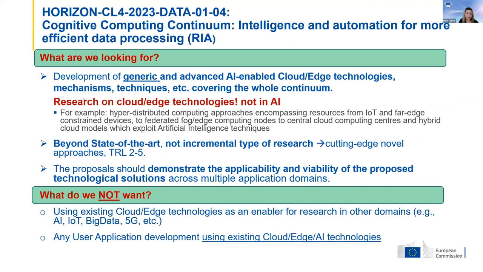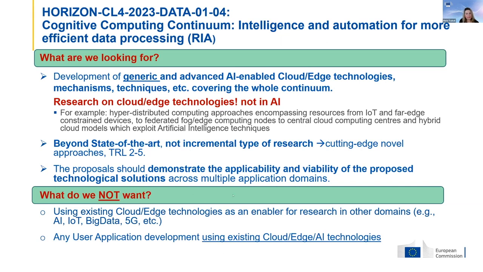The focus of the research should be on novel cloud-edge technologies and not on developing novel AI technologies, okay? Because if you do this, then this is not going to be in the scope of this topic. So make sure that the center of gravity of your development is to develop cloud edge technologies that are being enabled by AI technologies, okay?